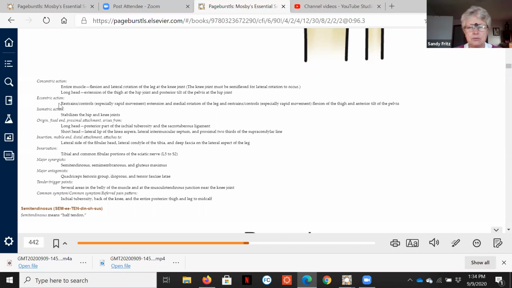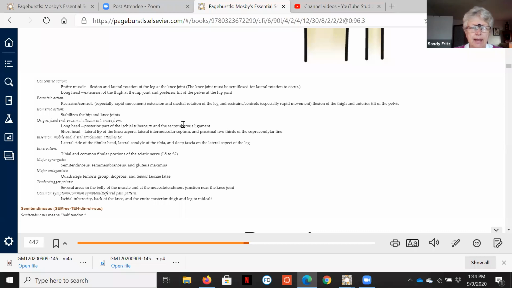So an eccentric action isn't just a total let go. It's a gradual elongation. I'm not talking about the rotational parts of this for you to understand that, but this occurs in the rotational. So here it's lateral rotation or external rotation, and here it's medial rotation or internal rotation.